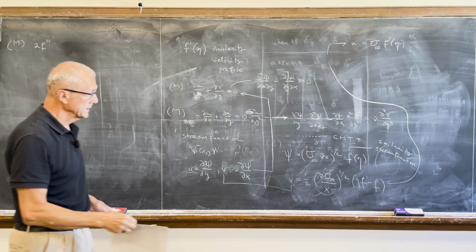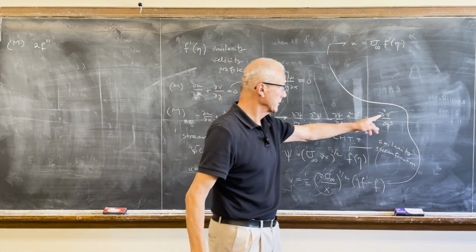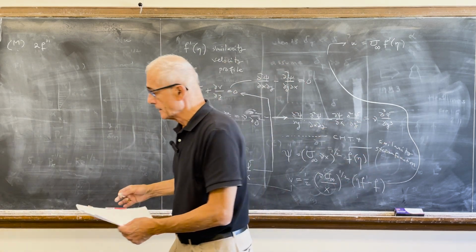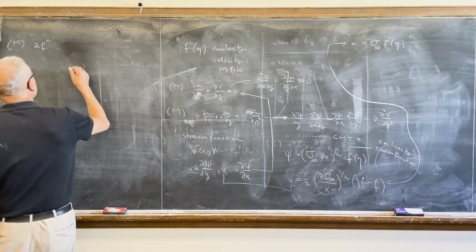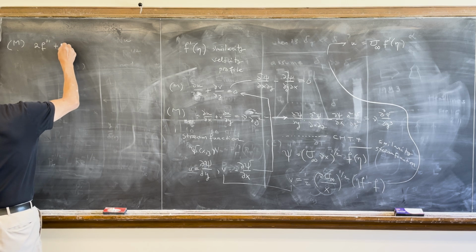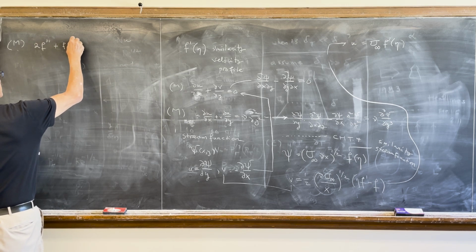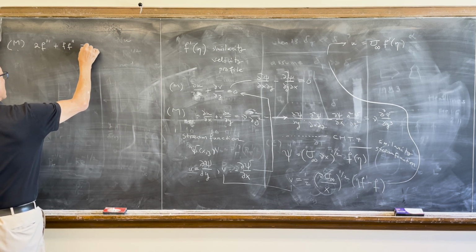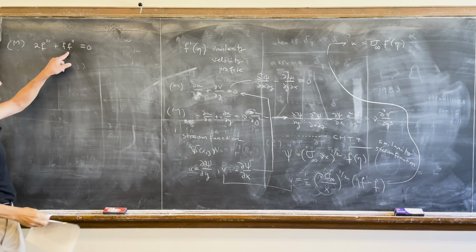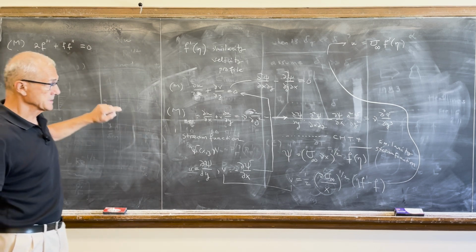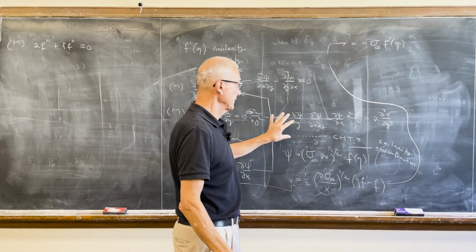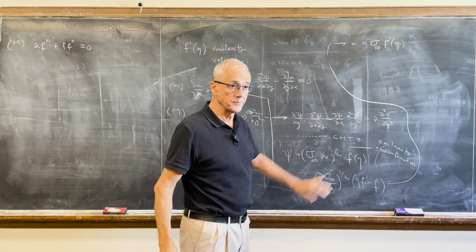Remember, triple prime comes from over here. And then plus f f double prime equals 0. This f times f double prime is the short result of everything that was on the left-hand side.